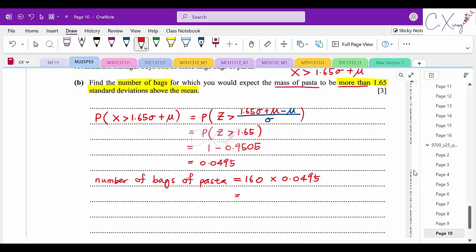Oh, I didn't multiply it out. So you have to take 160 multiplied with 0.0495. Then by right you have 7.92. But of course, the number of bags of pasta should be an integer, right? So 7.92, I will put it as 8 bags. That means you're having 8 bags of pasta.